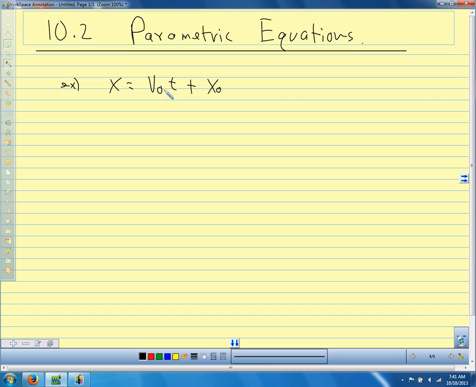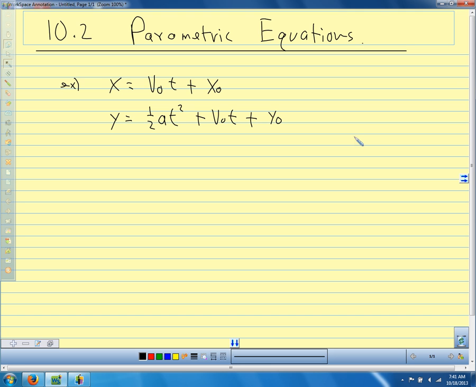So x is a function of t, and then y in projectile motion is one half a t squared plus v0 t plus y0. So this would be an example of parametric equations that we may have seen before. Each variable is a function of the parameter t. Usually it's time for projectile motion, but we'll parameterize in a lot of different ways.